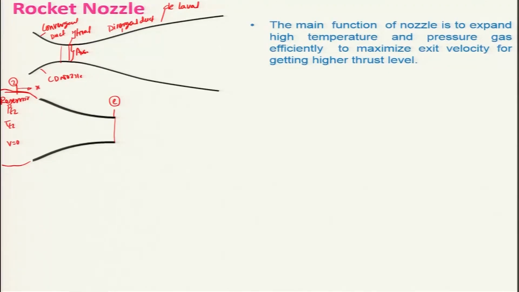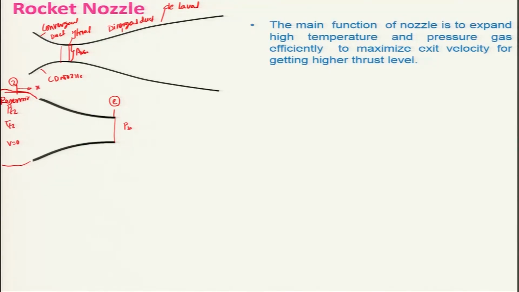And let us see what happens when you consider a pressure here, which we can call the back pressure at the exit of the nozzle, which can be changed in a laboratory by changing the pressure.